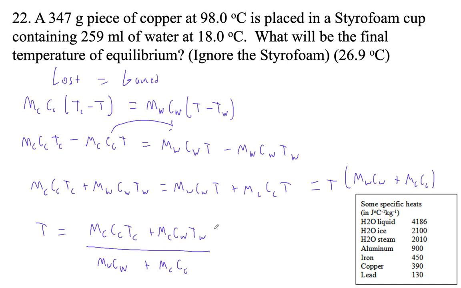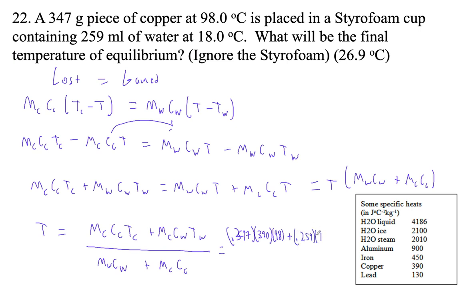Okay, so let's plug this in, right? This is going to be, the copper is 0.347. The C of copper is 390. The original temperature is 98. The mass of the water is 0.259.